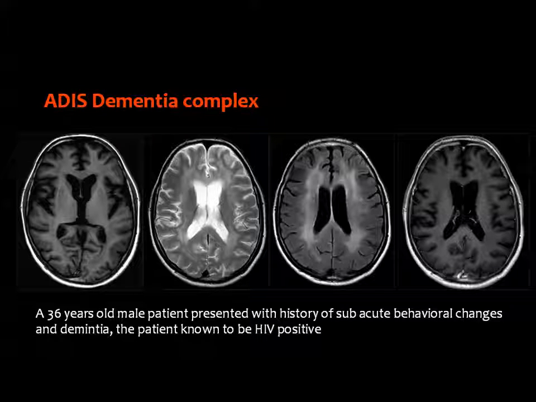Also, the AIDS patients are subjected to the development of early brain atrophic changes and white matter signal abnormalities much earlier in age compared to the patients who are not infected by the HIV.